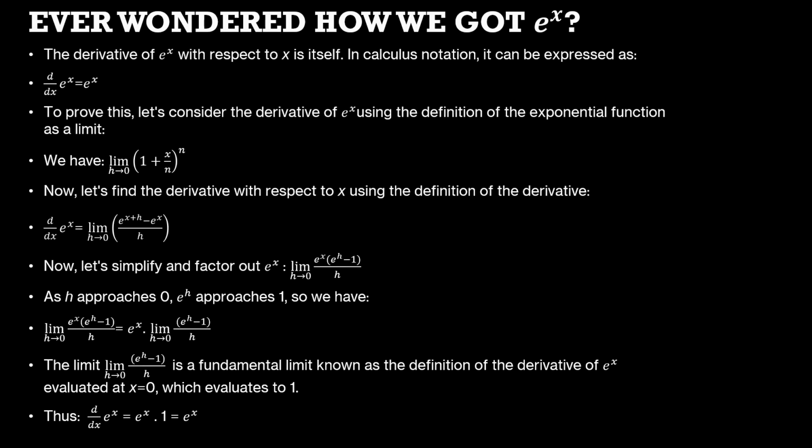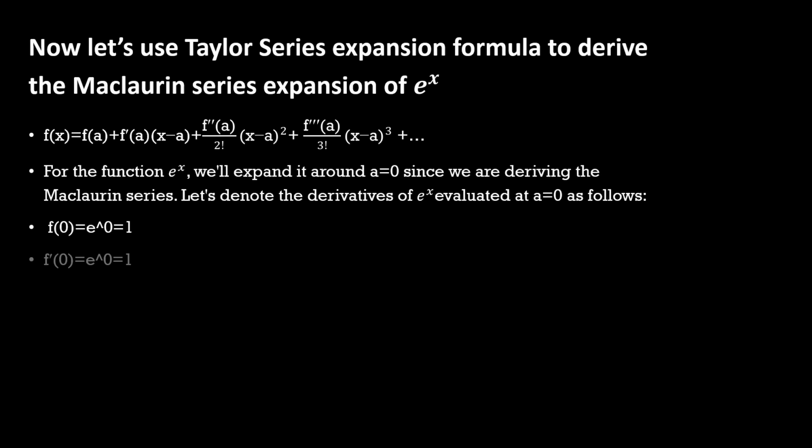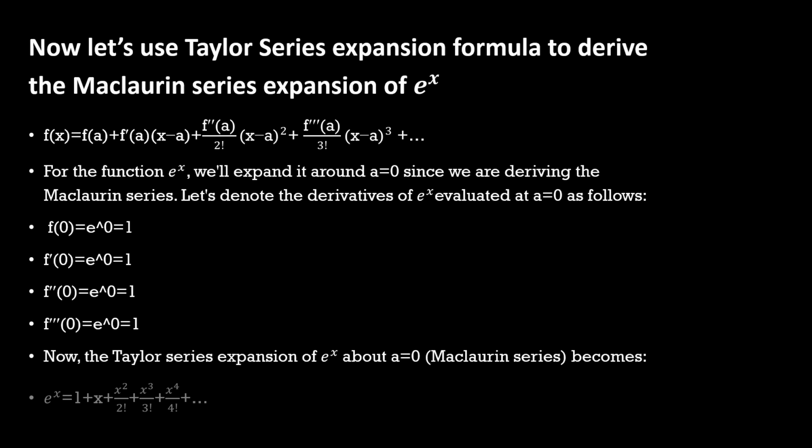Ever wondered how we got e to the power x? Look at the steps below to find out. Now let's use the Taylor series expansion formula to derive the Maclaurin series expansion of e to the x. We have the Taylor series expansion formula, and now for the function e to the x, we'll expand it around a equals 0 since we are deriving the Maclaurin series.